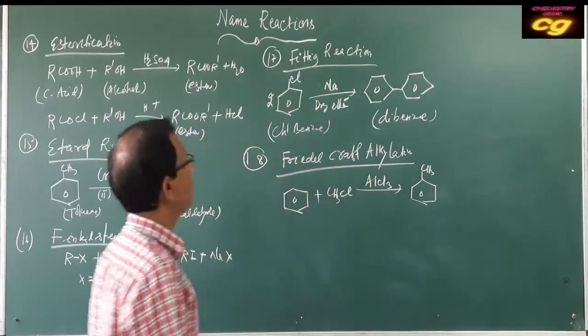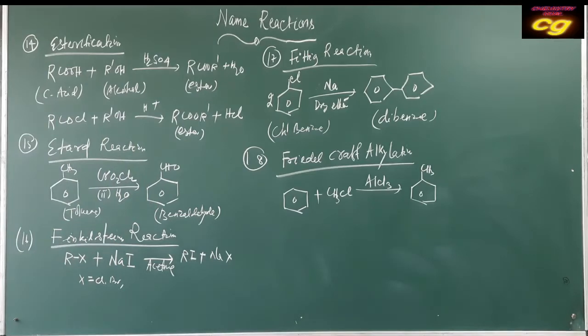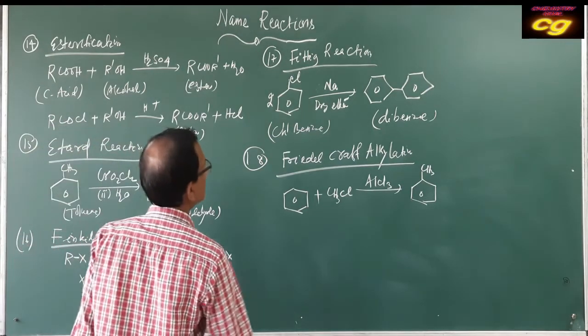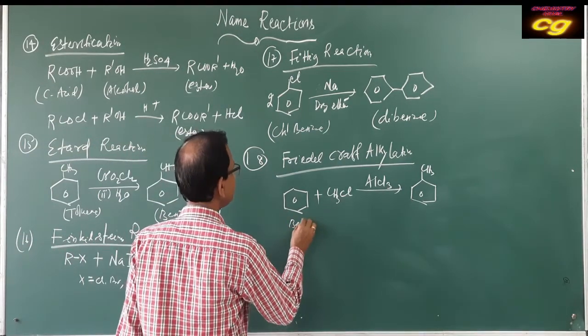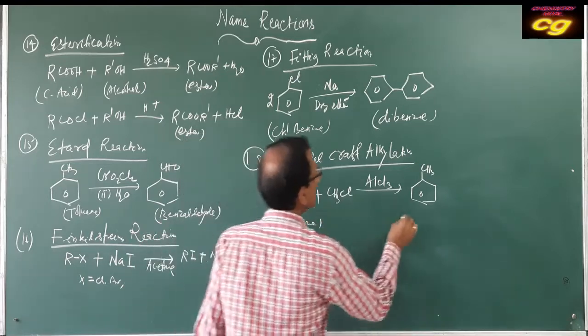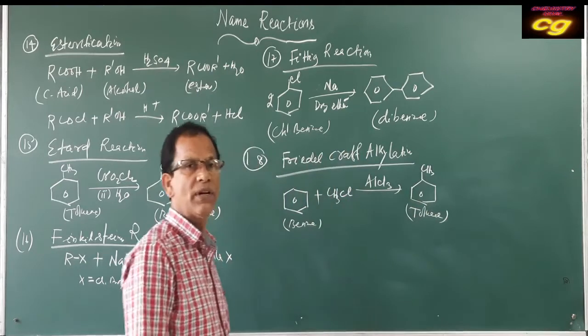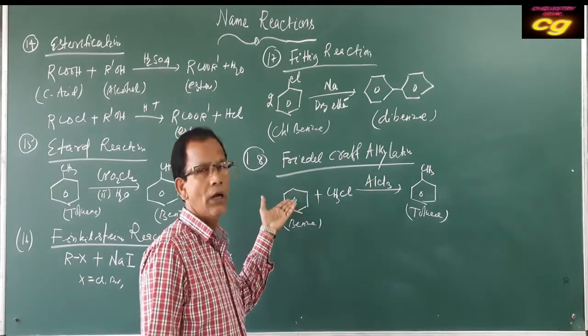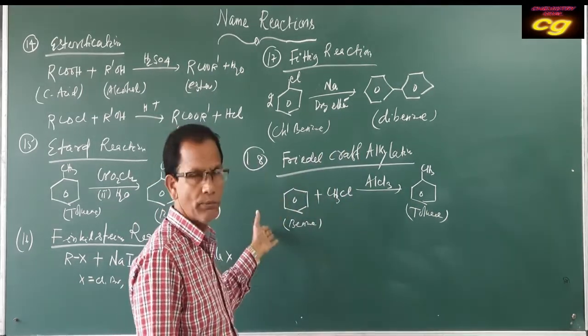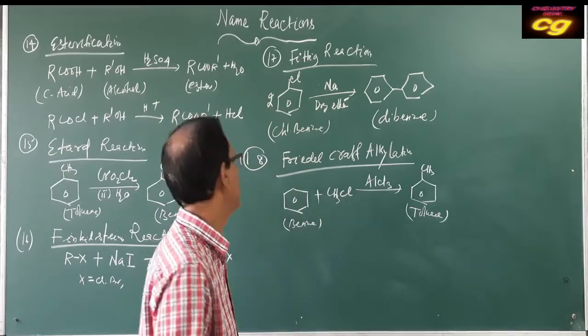This is called Friedel-Crafts alkylation, an electrophilic substitution reaction. And here this is benzene and this is toluene. Higher aromatic compounds can be synthesized from the lower member by Friedel-Crafts alkylation.